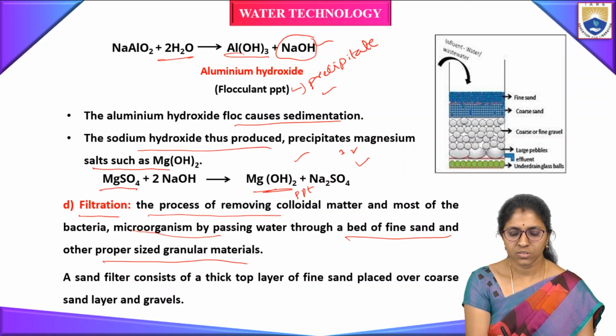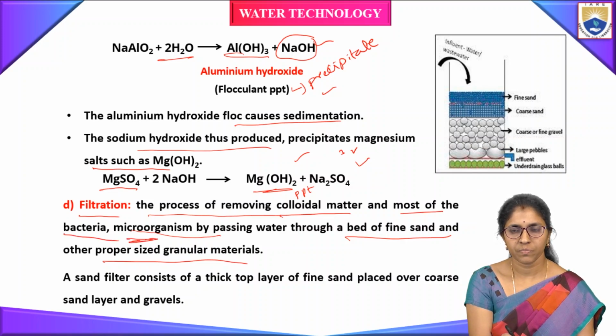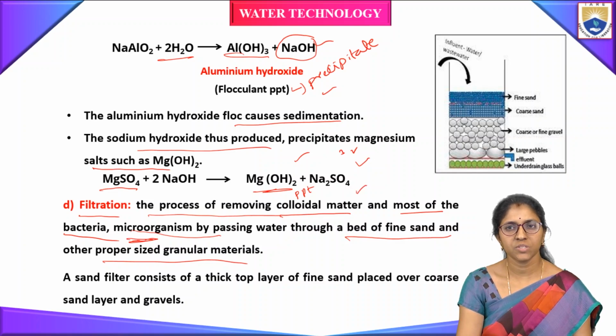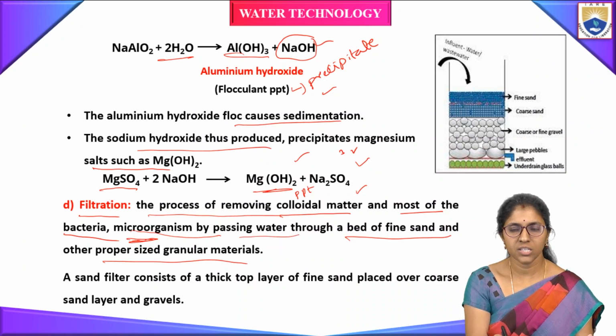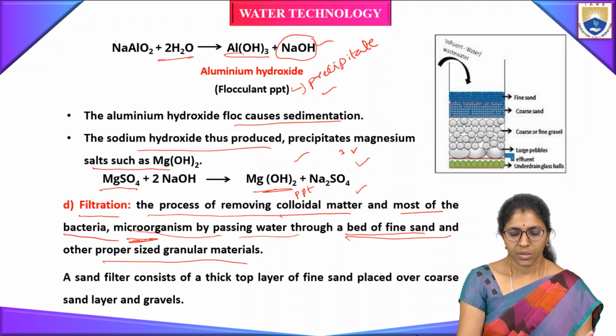So both colloidal matter and microorganisms can be removed by the filtration process, by passing the water through a fine filter made up of a bed of fine sand and other properly sized granular materials.